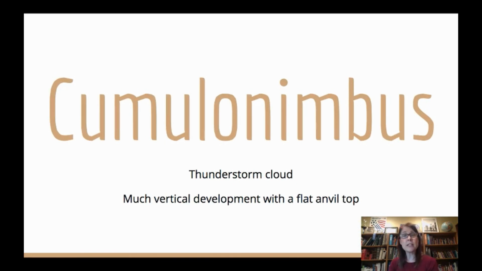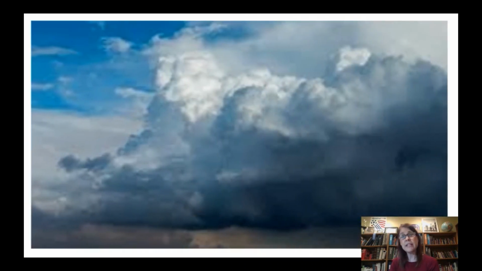When a cumulus cloud has grown vertically, it is capable of producing thunderstorms and it becomes a cumulonimbus cloud. These clouds are capable of heavy rainfall over a concentrated area. They produce lightning, hail, and sometimes can turn into tornadoes.